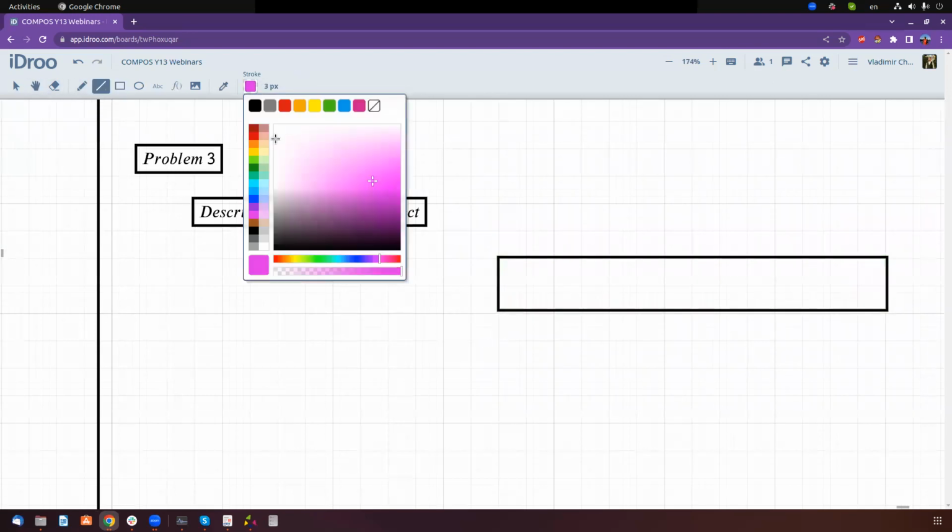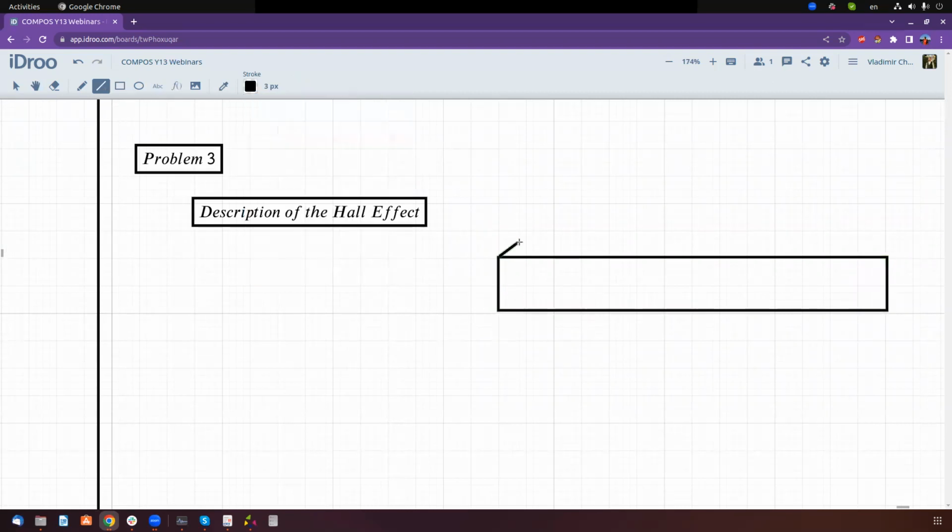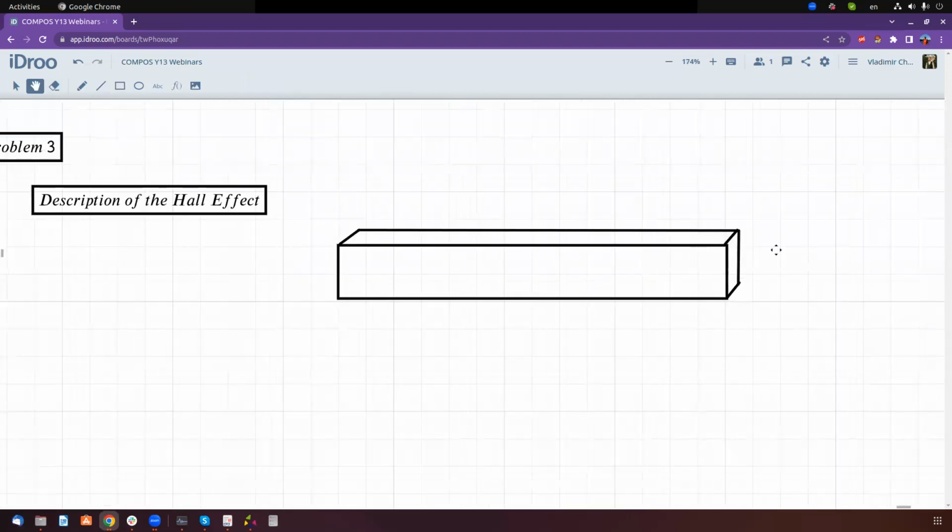And you have a conductor in the form of a cuboid. Right. And you have a current flowing through.